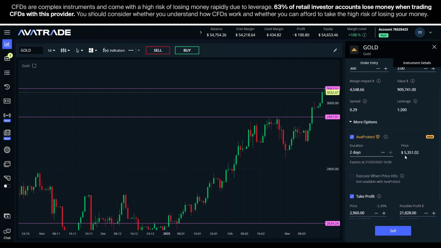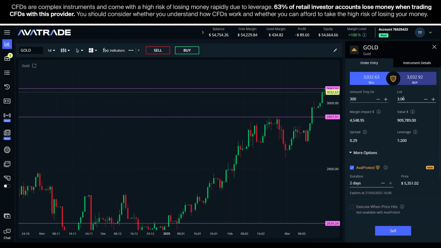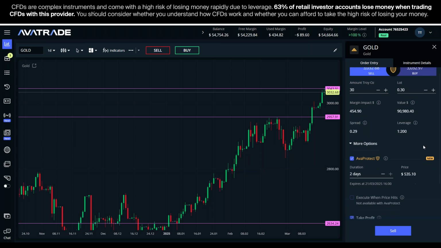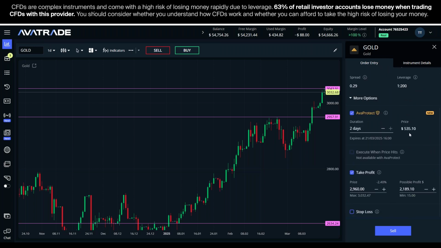But also, I don't want to pay $5,351 for AvaProtect. So that trade size is too big. So I'm going to say 0.3. Okay. Now my protection cost is around 1% of my balance, just under, and my potential profit is almost 2,200.